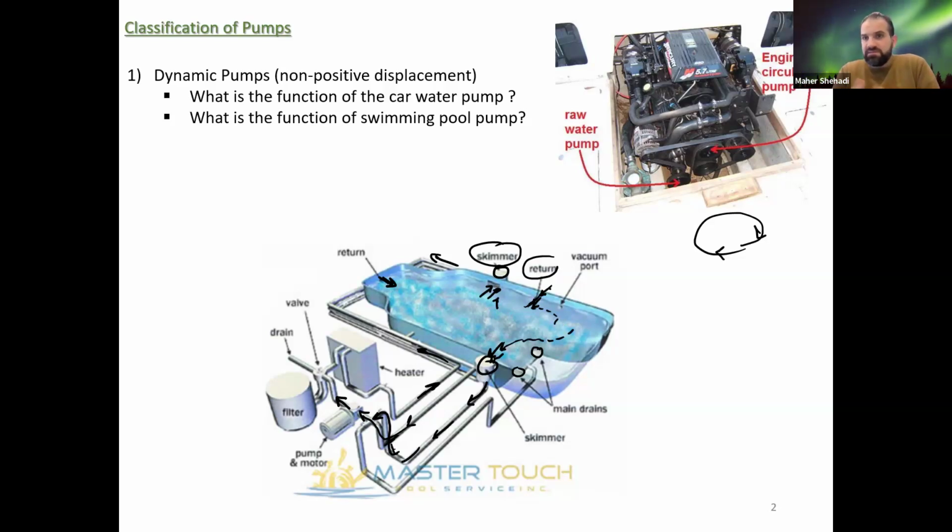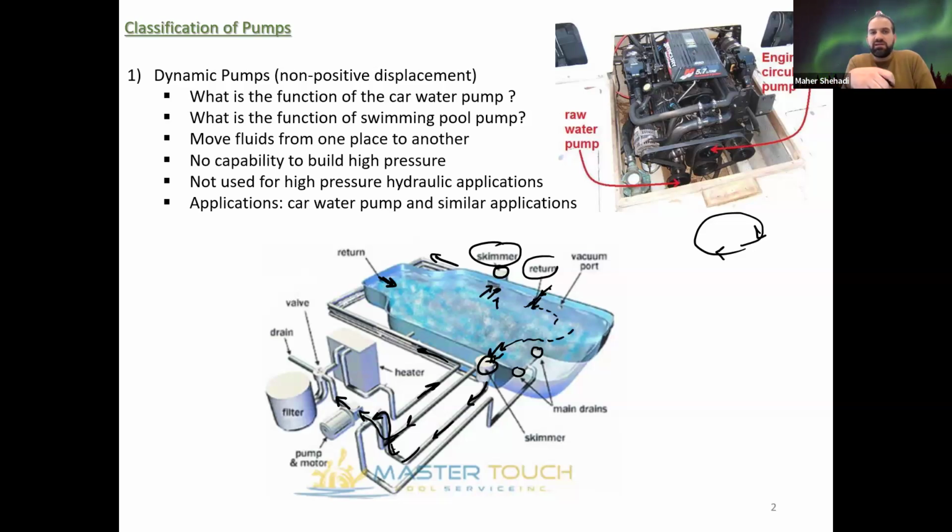Okay, so why am I mentioning all that? Well, this pump is not meant to, again, push a load or provide high pressure, and that's why it can be categorized under the non-positive displacement pumps or the dynamic pumps. So they're not used for high pressure applications, these pumps.